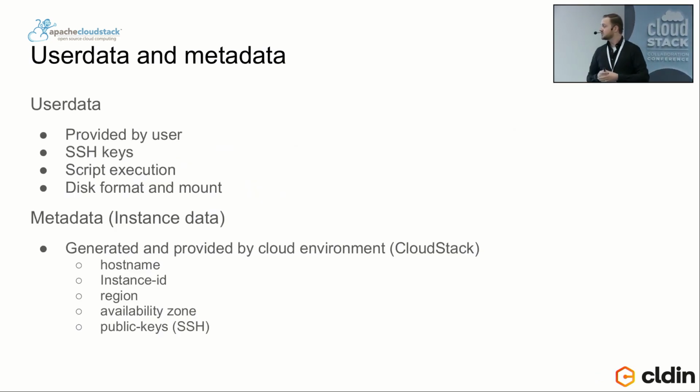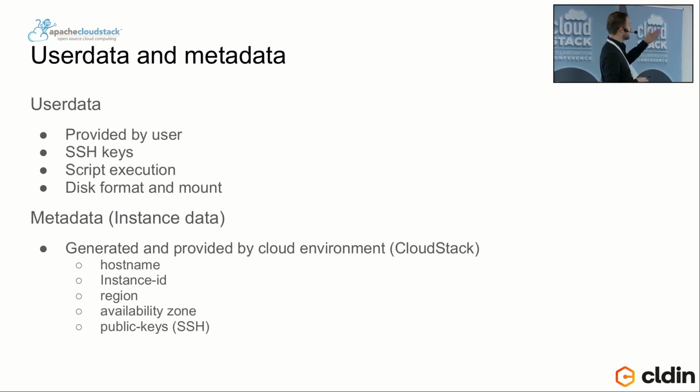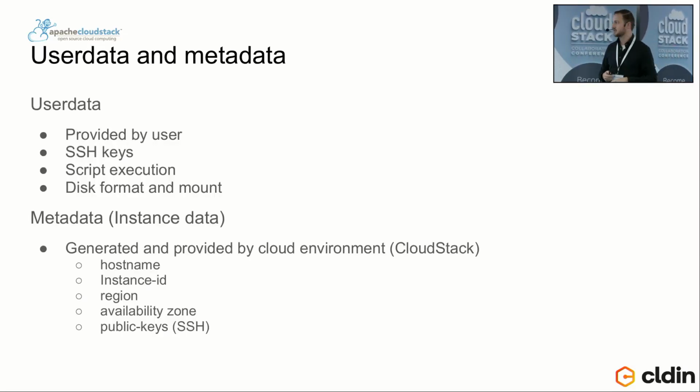There are these two things called Userdata and metadata, which go to the VM. The Userdata is provided by the user, hence the name Userdata, and the metadata comes from the cloud platform. So in our case, CloudStack generates these and configures them inside the VM.